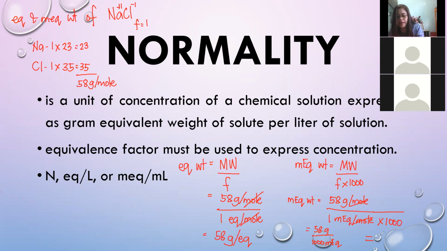It's 1,000, ha? So the milli-equivalent weight here is 0.058. Take note of the unit. It's grams per milli-equivalent. Okay? That's how you compute for both the equivalent weight and the milli-equivalent weight.